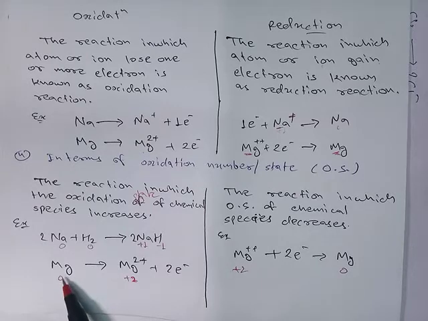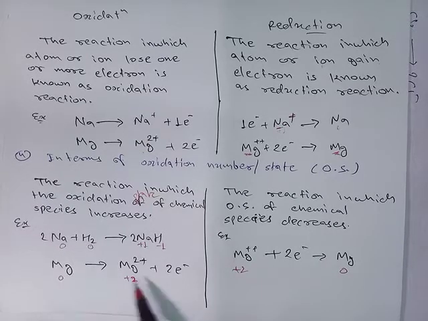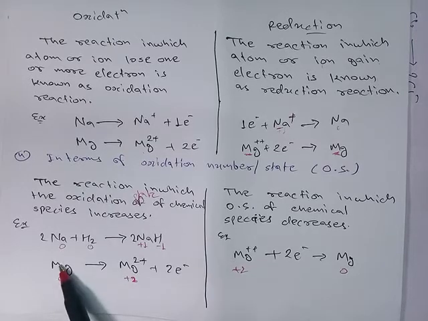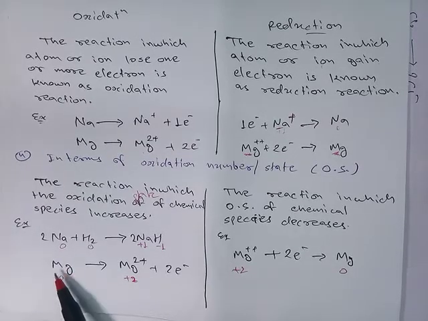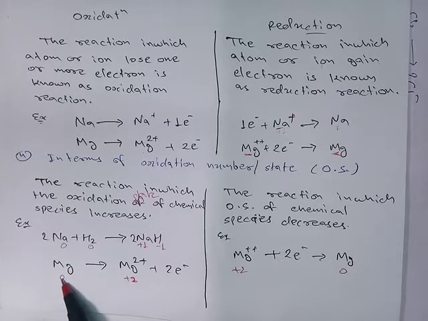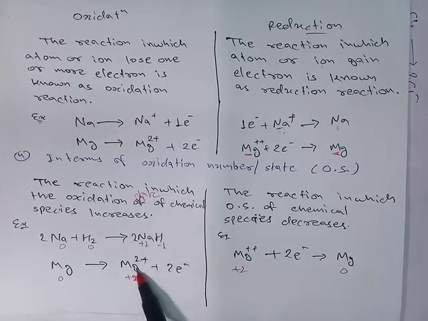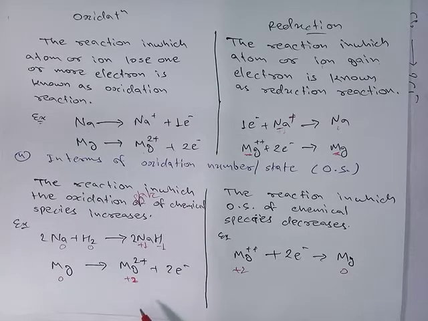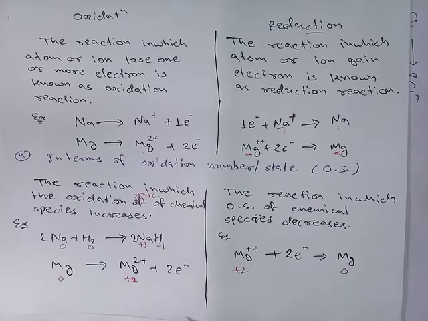Another example is magnesium converted into magnesium 2 plus by the removal of 2 electrons. Here the oxidation number of magnesium is 0, meaning magnesium has no charge, but the magnesium ion contains 2 plus charge, therefore the oxidation number is plus 2 by the removal of 2 electrons.